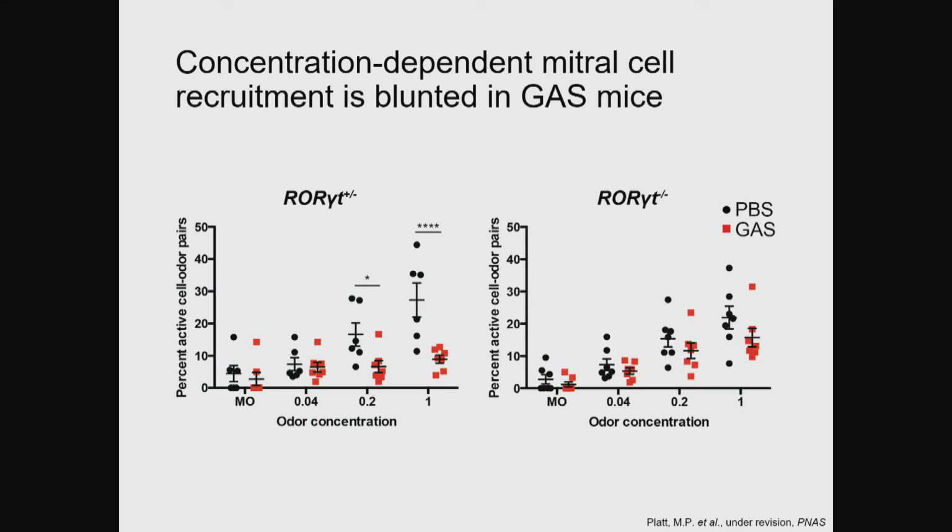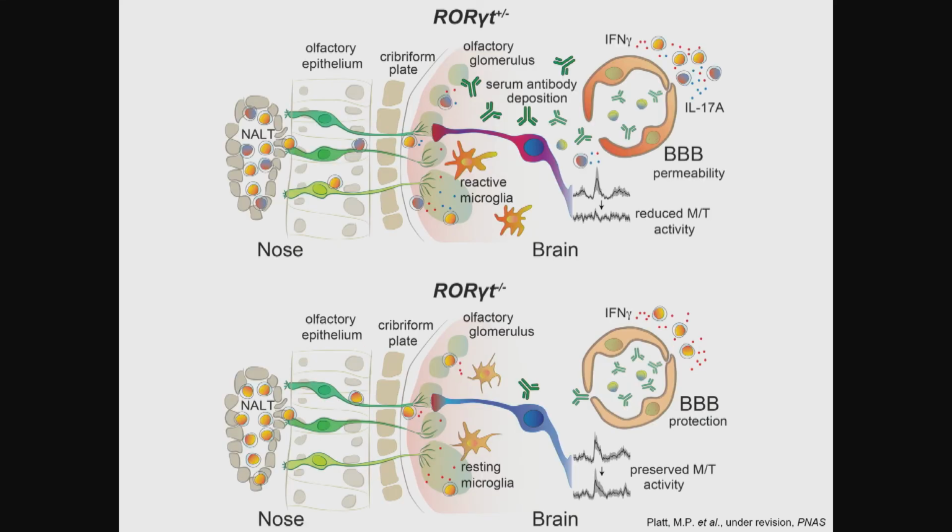And this is also affecting the ability to recruit more cells if you increase the concentration of odorant. So we sort of arrived at this model that's imminently published, hopefully, where a pure Th1 population is recruited to the olfactory epithelium in ROR knockouts in comparison to the mixed Th1, Th17 population.